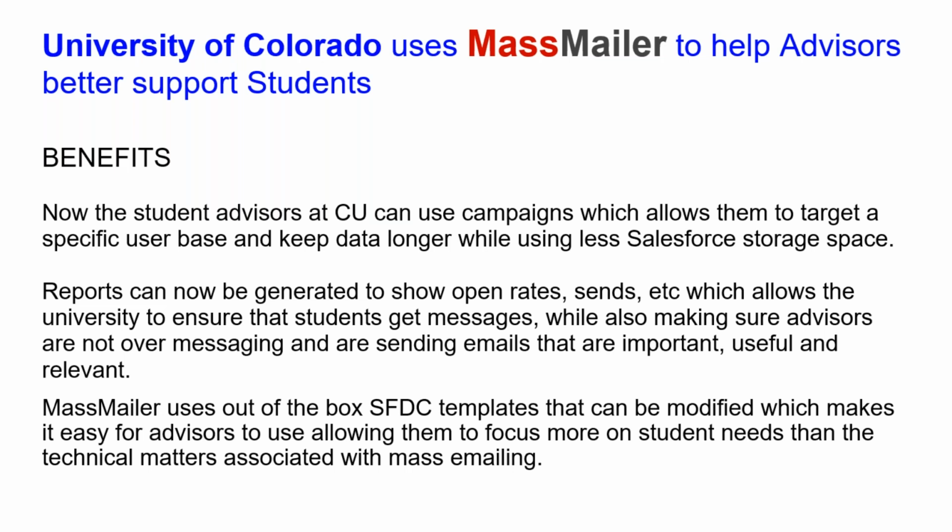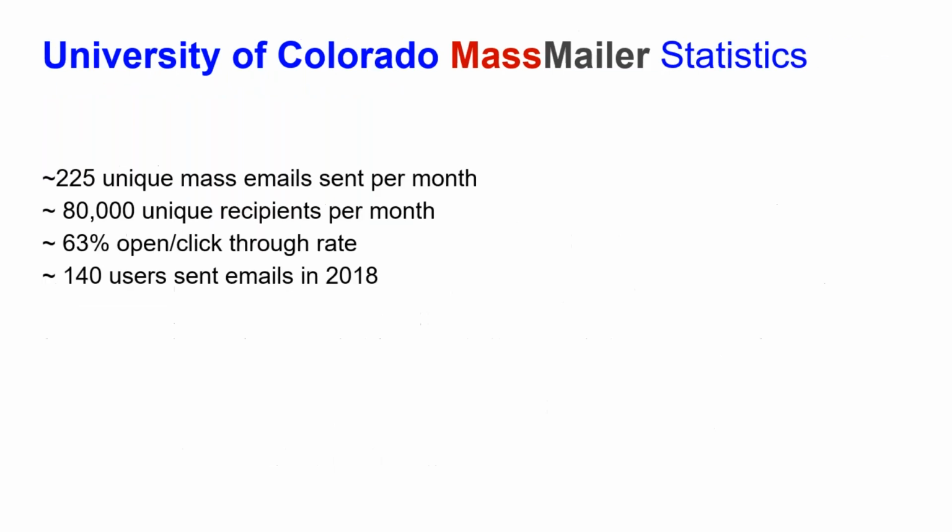So if you want to go to the next slide, I just wanted to share some of the statistics from the University of Colorado. This is just an average from 2018. We're looking at about 80,000 unique email recipients per month. We have currently about a 63% open click-through rate, which if you think of student emails is pretty darn good.